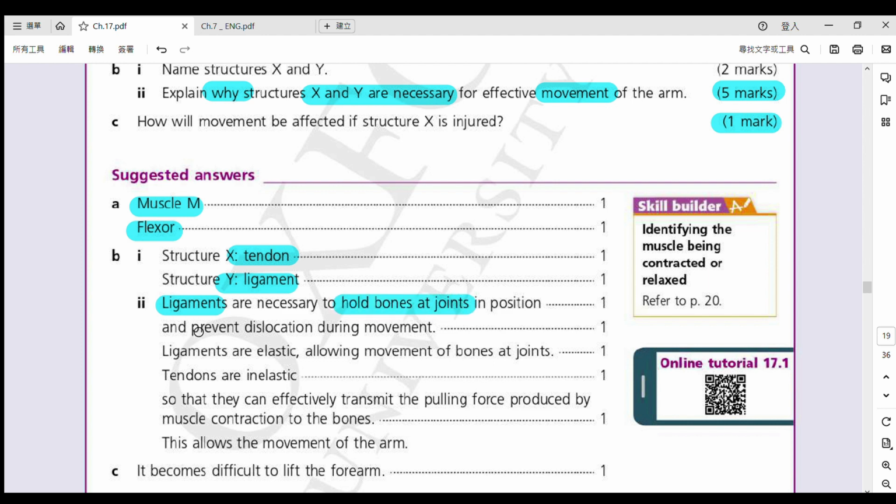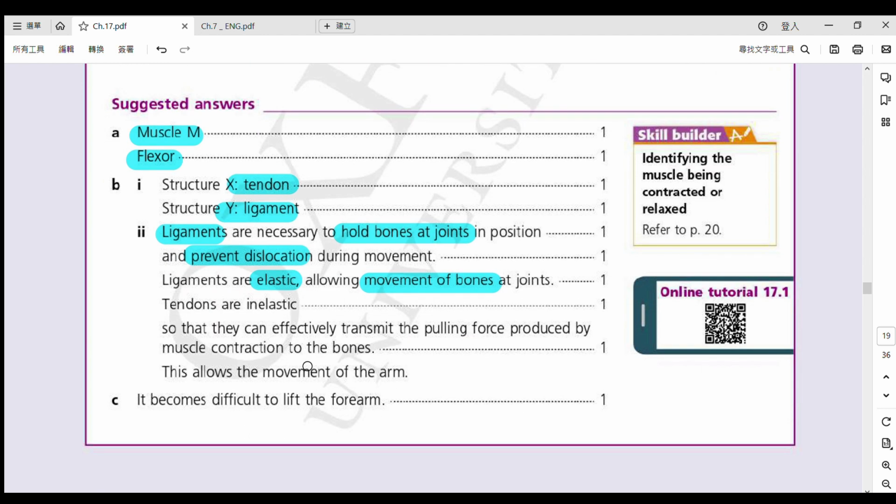Second, it prevents dislocation. Third, it is tough and elastic, so it allows movement of bones at the joints. Then it talks about X, which is inelastic and tough, so it can effectively transmit the pulling force produced by muscle contraction to the bones. Therefore it allows your arm to move. Please try to answer these types of questions, although it is 5 marks.